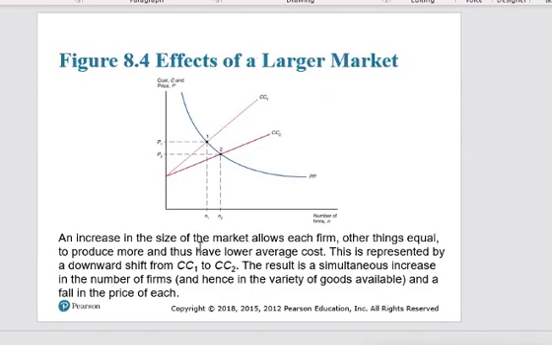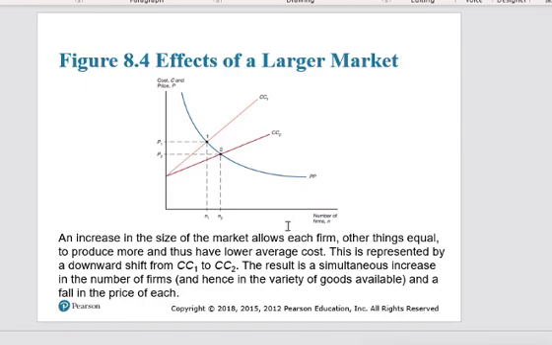This is how we can show it on the graph. So when we enter the international market, right, when we trade, an increase in the size of the market allows each firm, other things being equal, to produce more and therefore have lower average cost. And this is represented by the downward shift of C1 to C2 here.